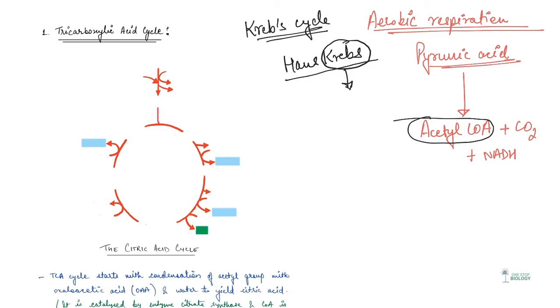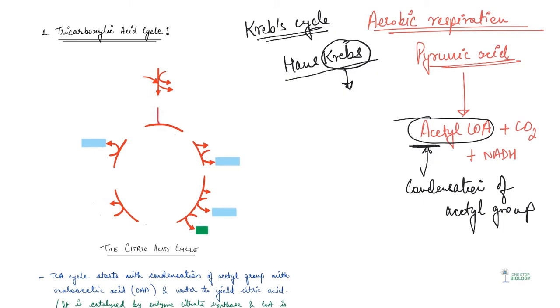So basically the tricarboxylic acid cycle starts with condensation of the acetyl group. So here condensation of the acetyl group happens with oxaloacetic acid and water, right?